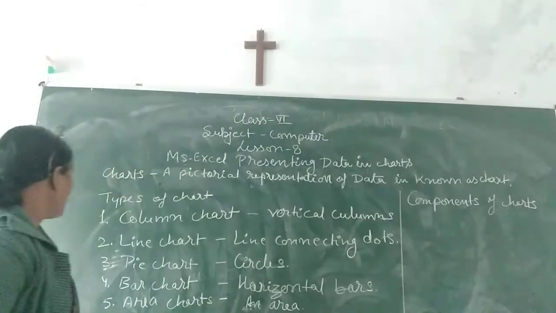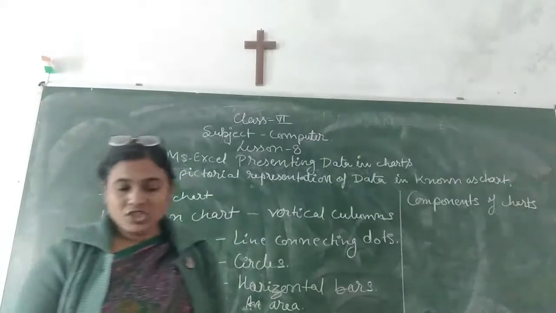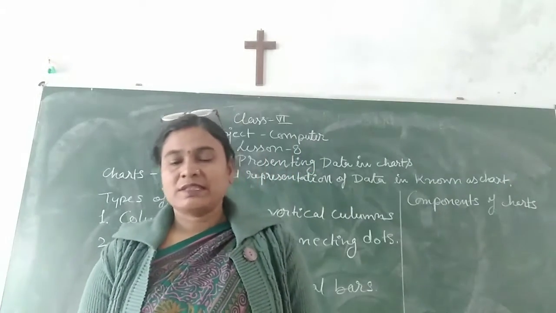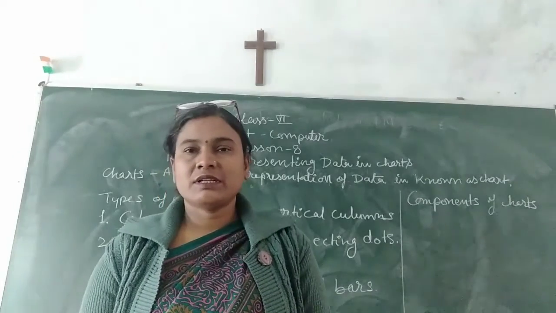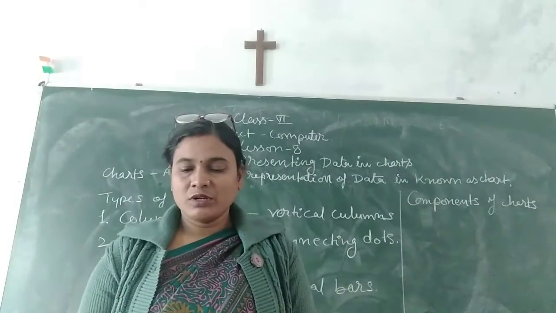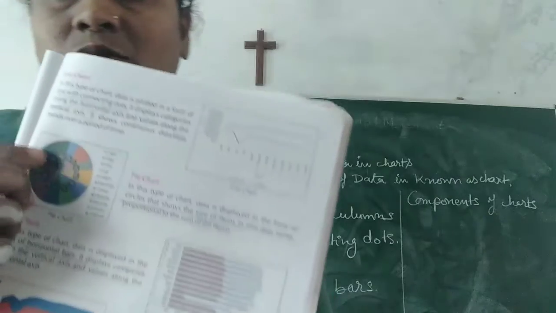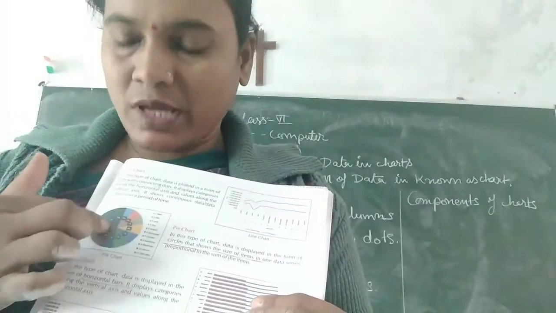Next topic is pie chart. What is a pie chart? A pie chart shows the data in the form of a circle that shows the size of each item in one data series proportional to the sum of the items. See, this is the pie chart. A pie chart is in the form of a circle.